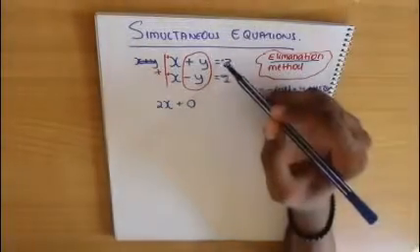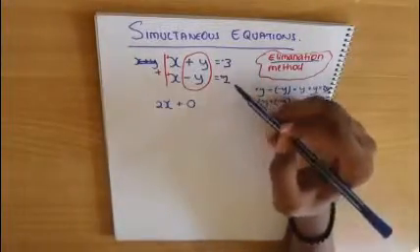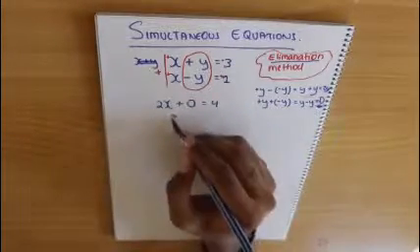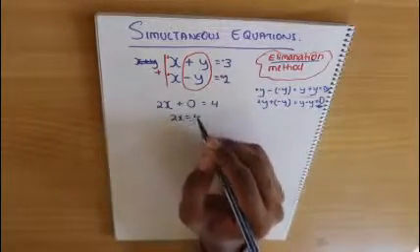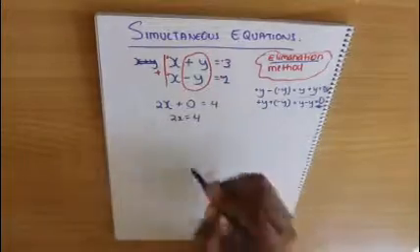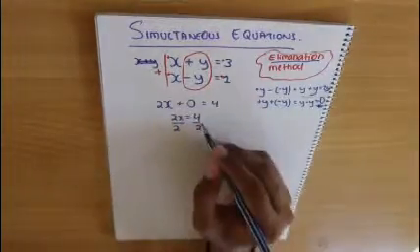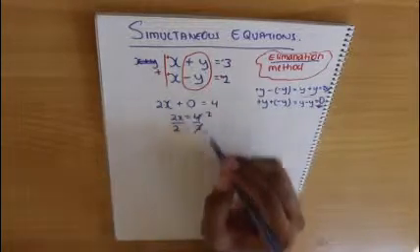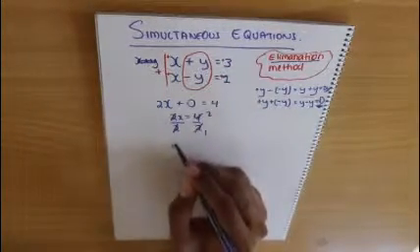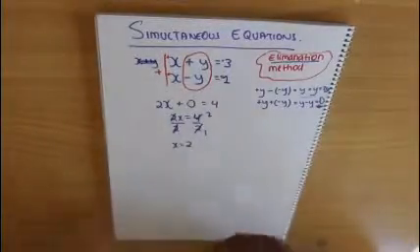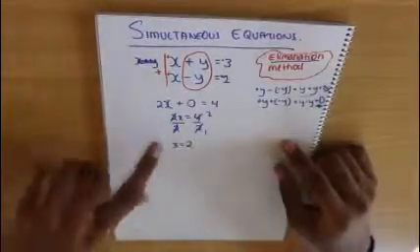Positive 3 plus positive 1 will be equal to 4. So 2x will be equal to 4, and then dividing by 2 on both sides, x would be equal to 2. So now we found our first variable, which is 2.